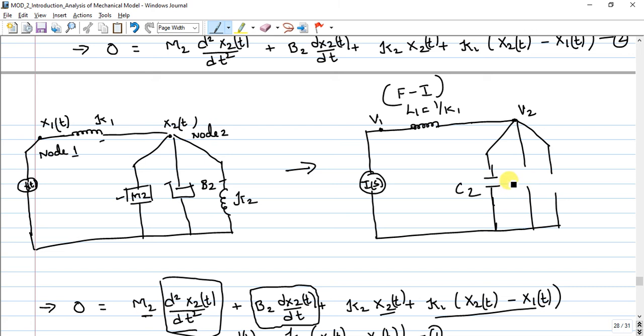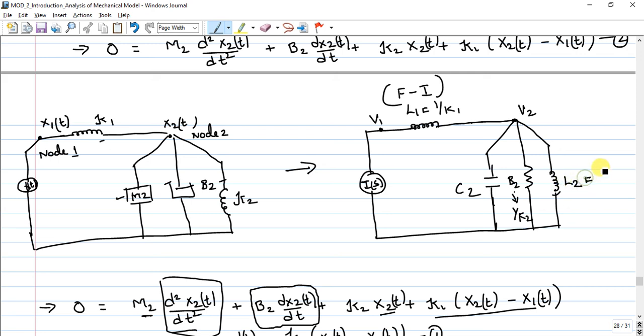Next we shall replace friction, that is B2, with resistance R. And finally we have to replace the spring with an inductor, that is L2.